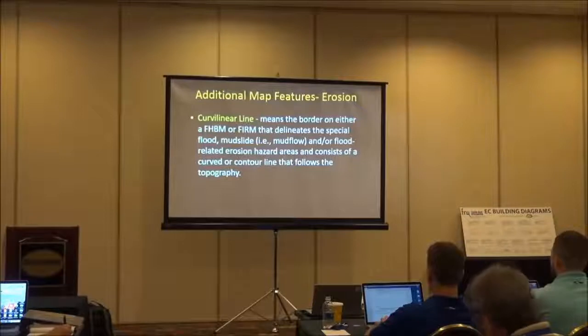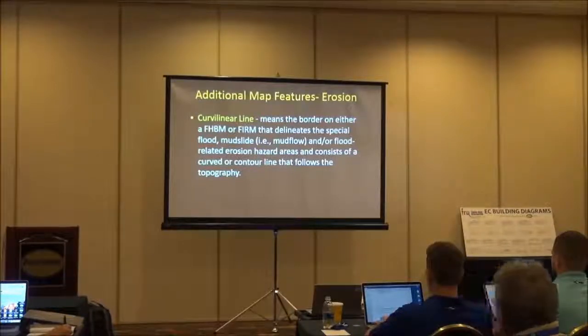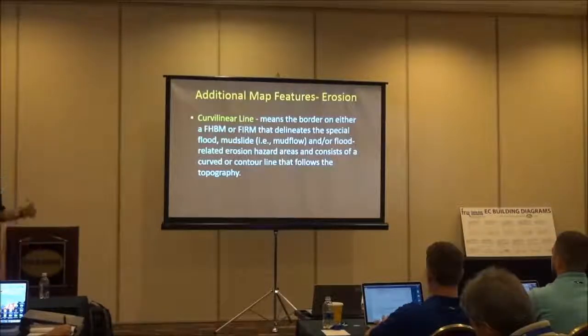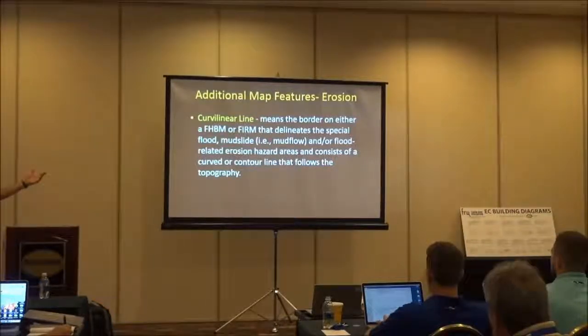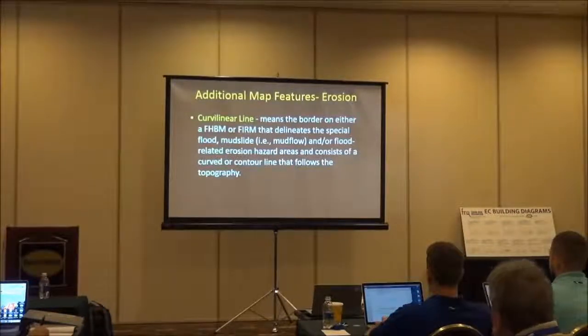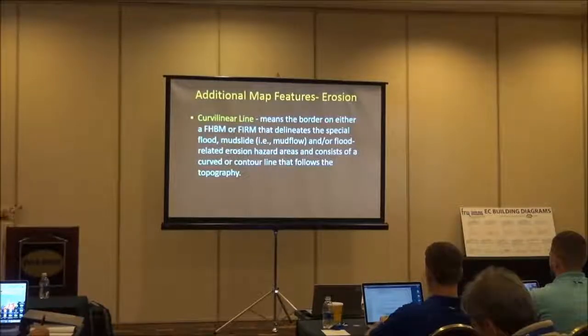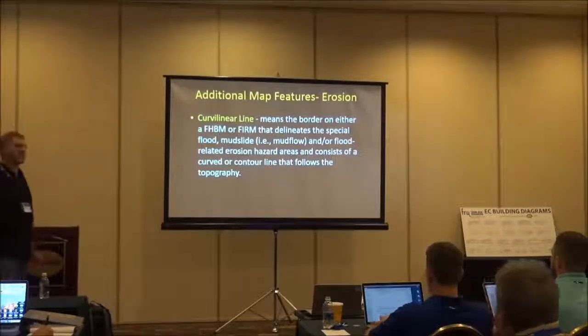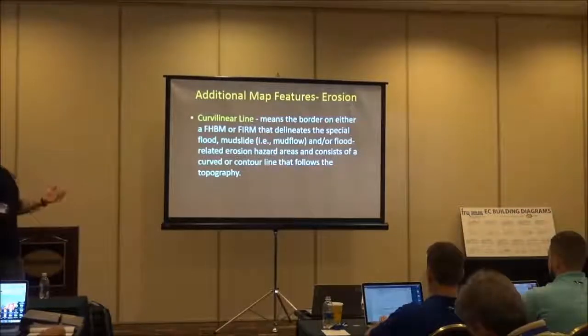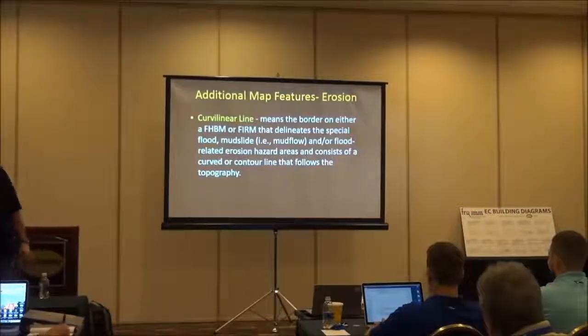So in areas where you have the potential for mudslides, mudflows, erosion, or any kind of geographical feature that may be related to flooding, they may show you a special delineated line. The important thing to know is what the term is. If somebody asks, what does the curvilinear line designate on the maps? It's essentially related to erosion. Whether that erosion is a mudflow, a mudslide, or slip-off slope, the general idea is that it delineates erosion.